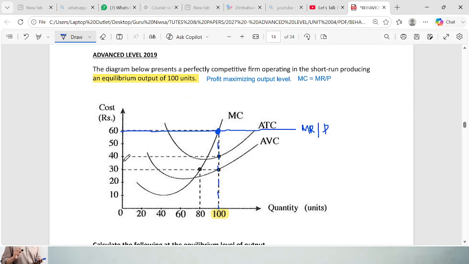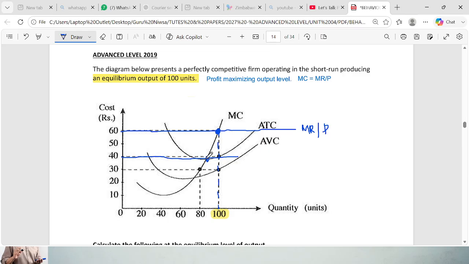If the market price was 40 rupees, what would the profit maximizing output level be? If MR equals 40 rupees, then 40 becomes the marginal revenue curve. Then you can see marginal revenue and marginal cost intersect at a point less than 100 units.